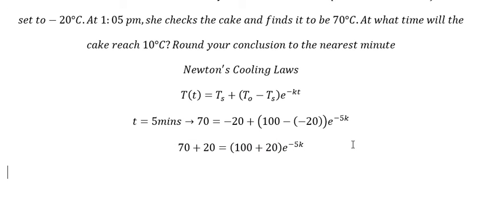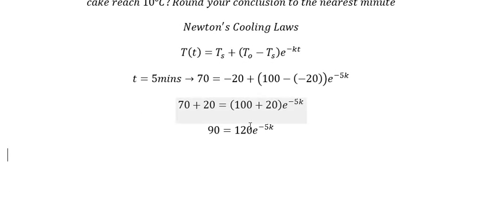So in this situation, you will get 90 equals 120 e to the power of negative 5k. Next, we divide both sides by 120 and you will get 3/4 equals e to the power of negative 5k.